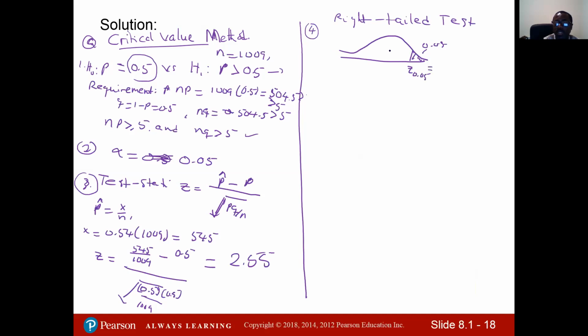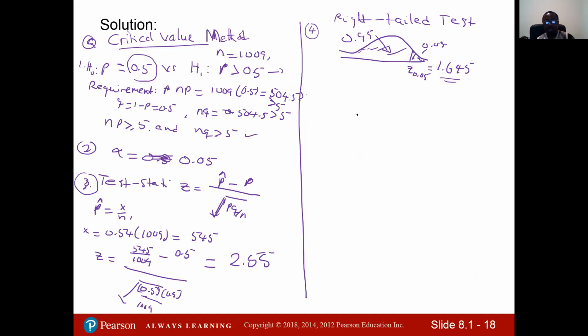What is the value to the left? This is equal to 1.645. To use the table, that's the value you get, because the area to the left is 0.9195, and it falls between two values, so you take the average.